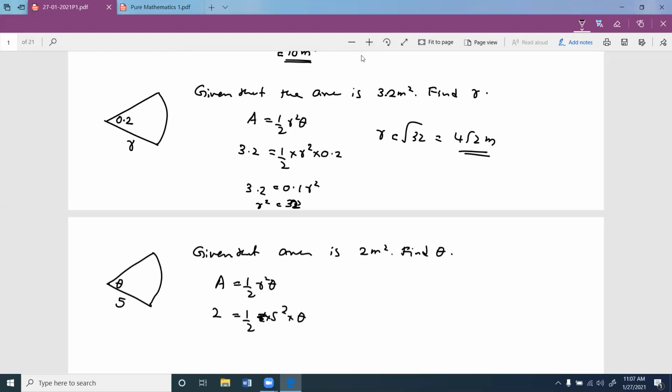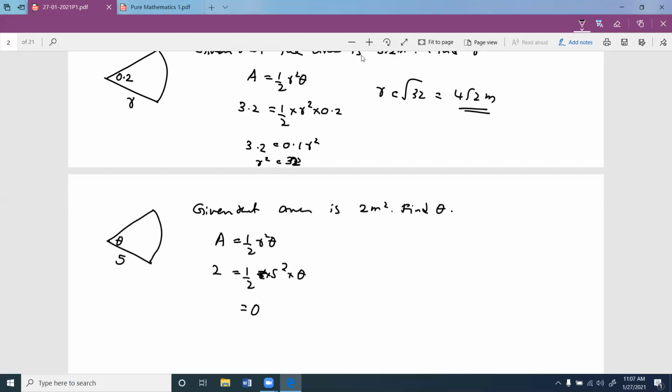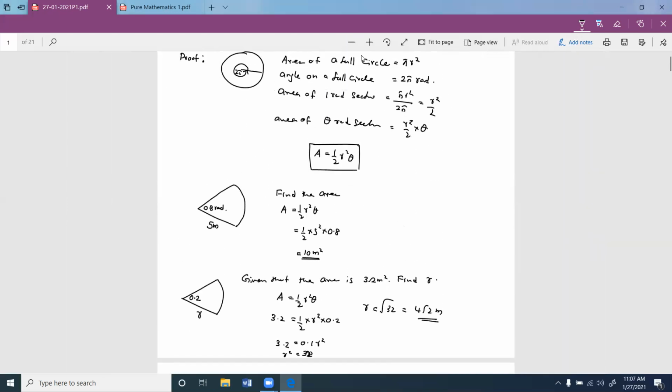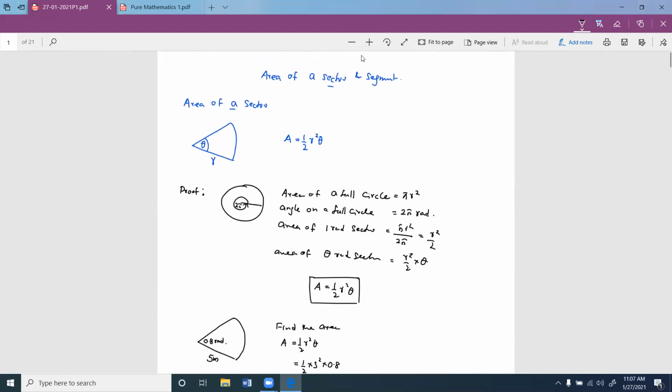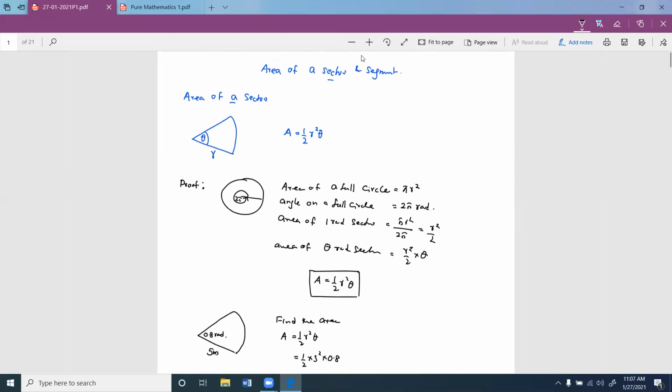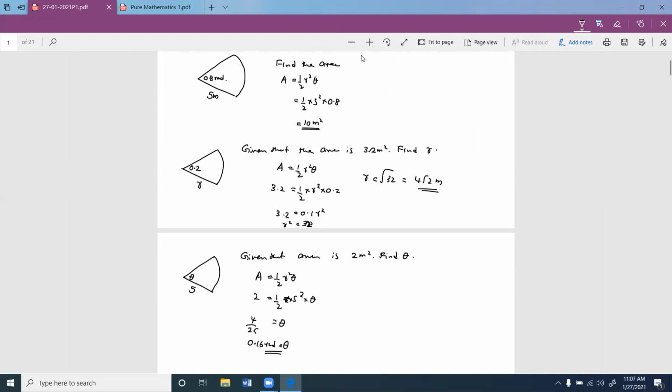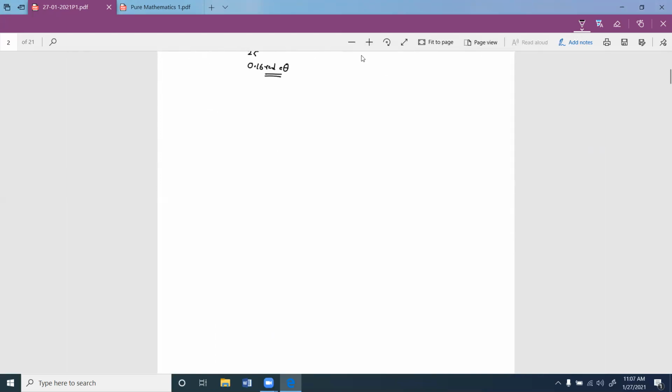Then theta turns out to be 4 over 25, that is 0.16 radians. That is how it comes. So that's a way of handling these kinds of situations, which are the objectives they request you to get, and that's a way of getting the answer for this kind of question.